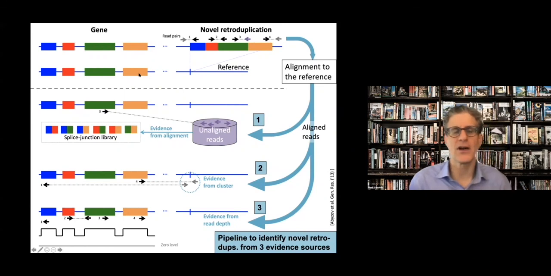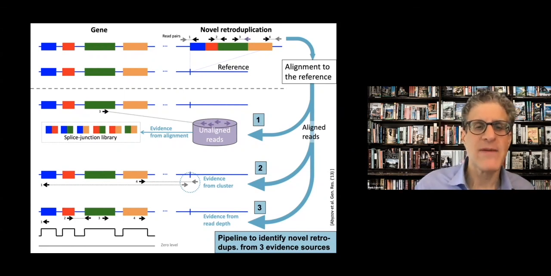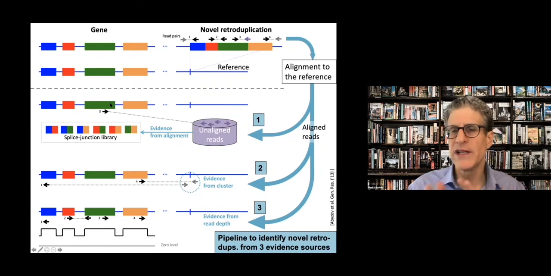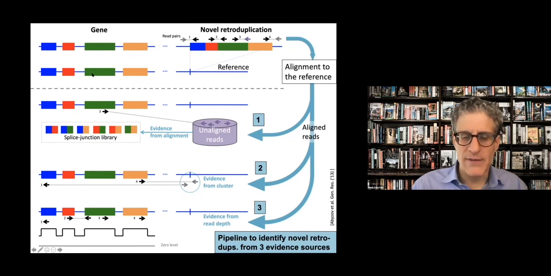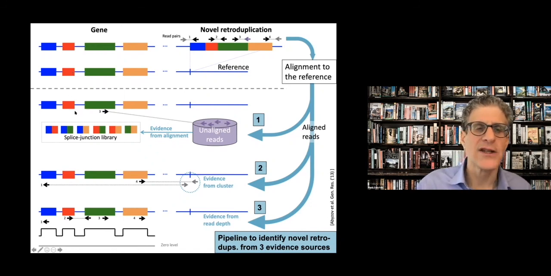What they do here, which is kind of cool, is they say, okay, we don't know exactly how the read is going to split, but there's a clever technique. They know that all of the junctions you would have in this type of variation come from splicing, right? So you have the exons being spliced together. And so what they do is they make up a huge splice junction library.